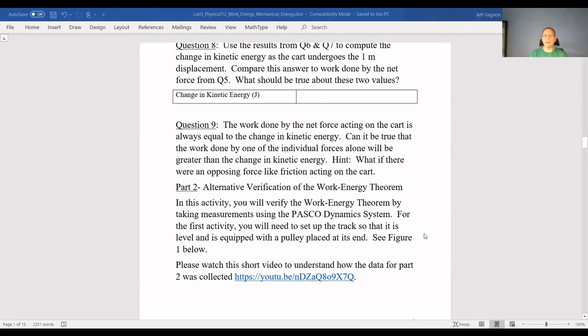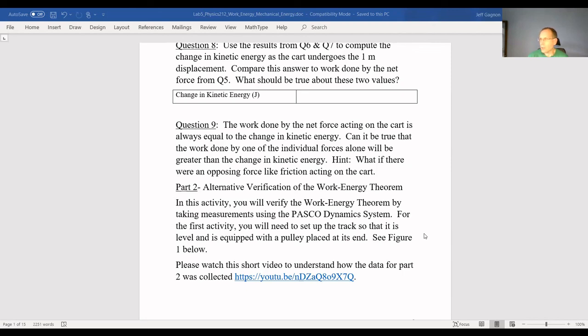Okay, question 9, I want you to think about a little bit. It says, the work done by the net force acting on the cart is always equal to the change in kinetic energy. So that's true. Can it be true that the work done by one of the individual forces alone will be greater than the change in kinetic energy? And my hint is, what if you have multiple forces acting?